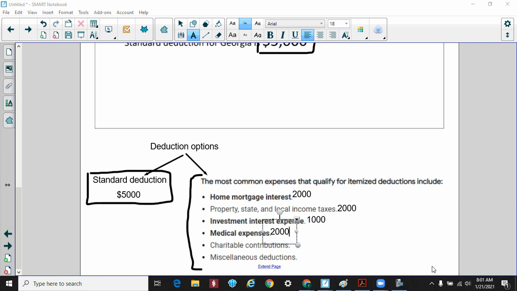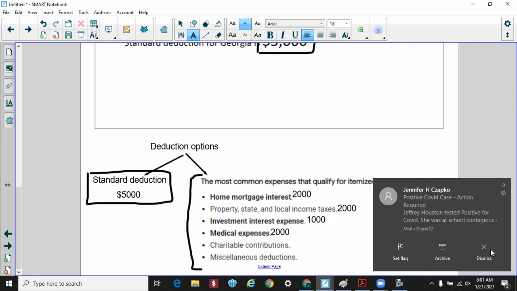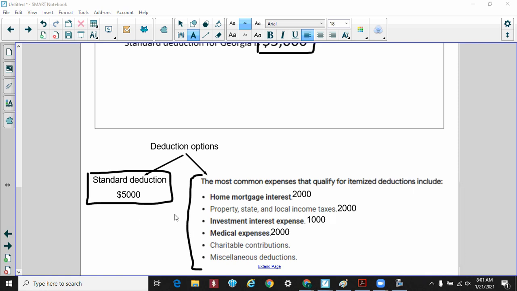You can go through item by item, because if you do an itemized deduction, you might actually have more than 5,000 that you could deduct. But most people just take the standard deduction. Again, it's an overall estimate set by the government that you would spend about $5,000 on just basic necessities of life. Again, that's just the basics.